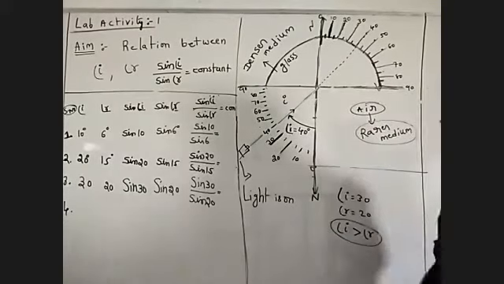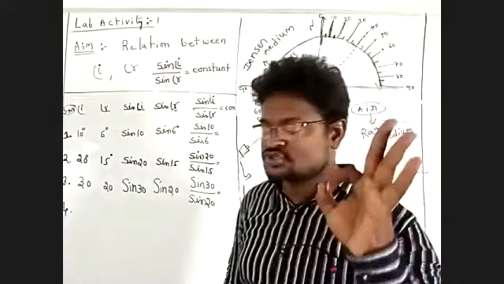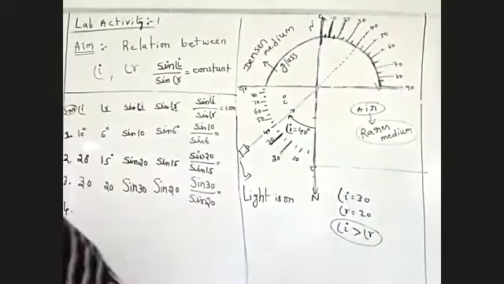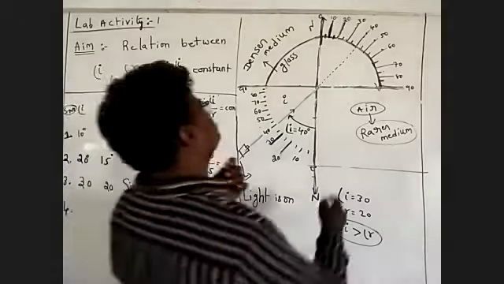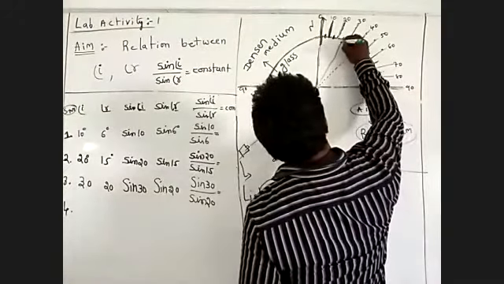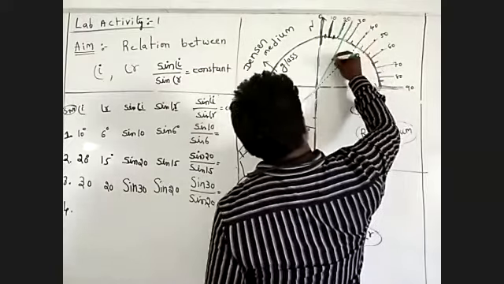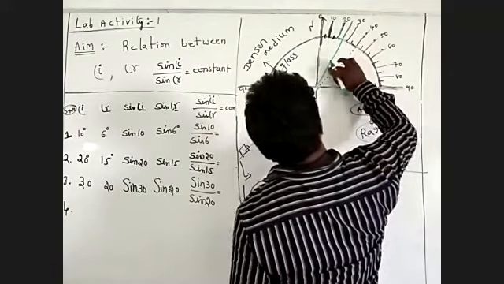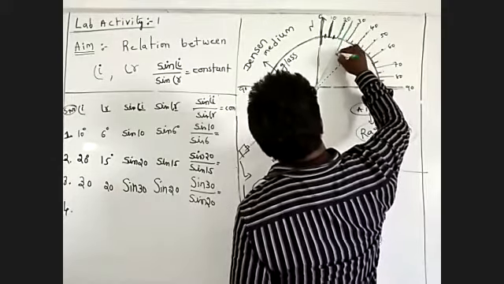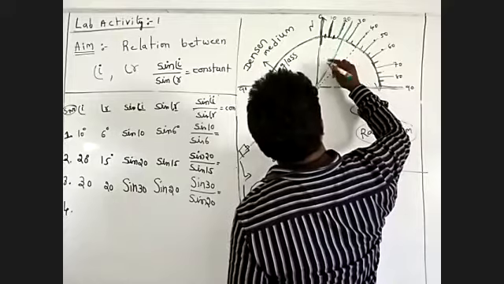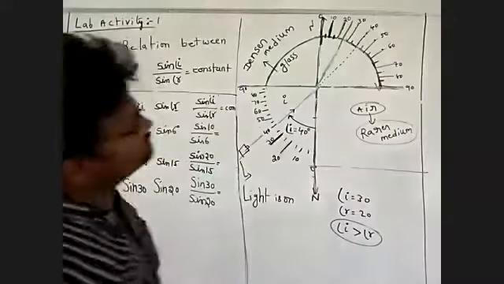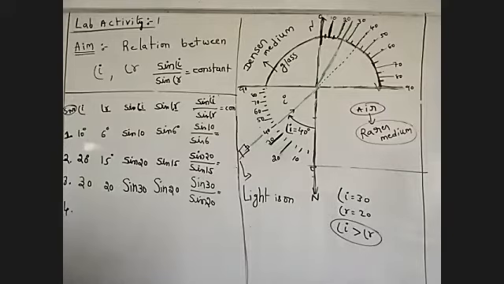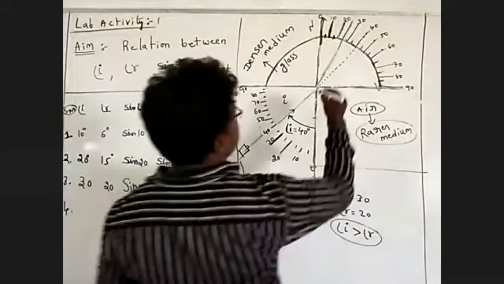But the glass is present, so the refracted ray does not travel along that dotted line. It travels in this direction, and this is the angle of R.